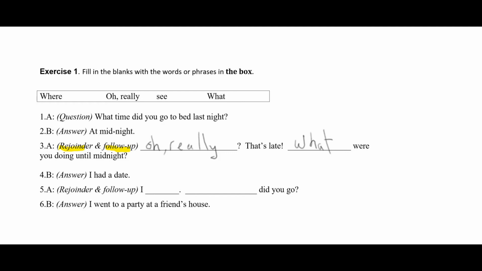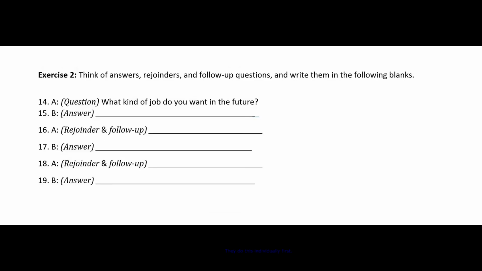Next, to further help students prepare for the pairwork activity, we have them do exercise 2. Exercise 2 has these directions. Think of answers, rejoinders, and follow-up questions, and write them in the following blanks.